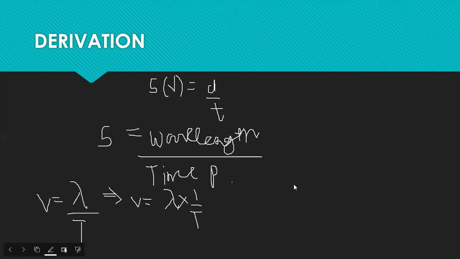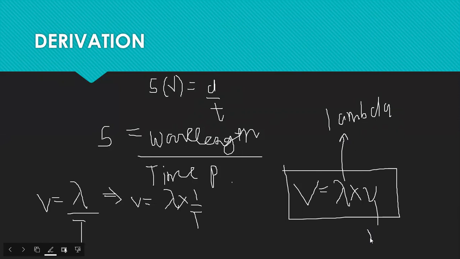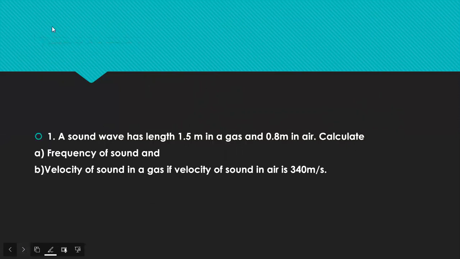So by this V equals lambda into nu. This is the formula we have to derive. So this we have derived successfully, and this letter is the Greek alphabet lambda, and this is nu. By lambda we denote wavelength, and by nu we denote frequency.